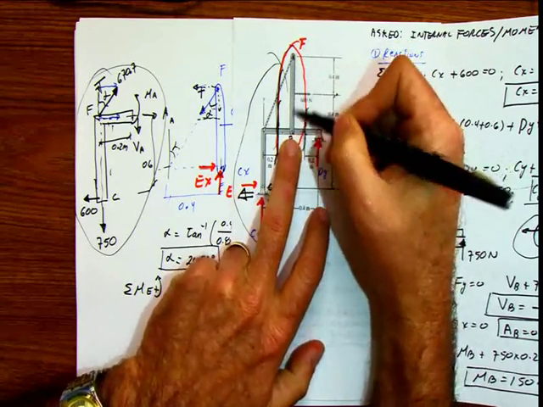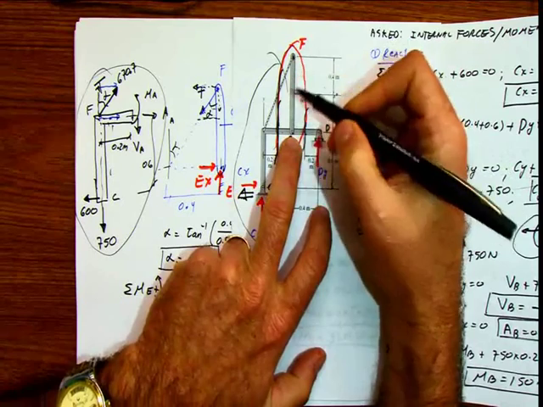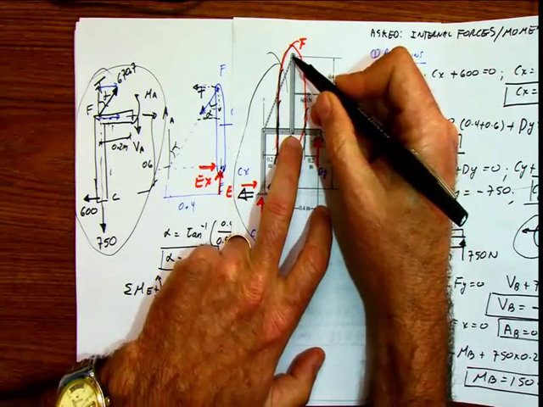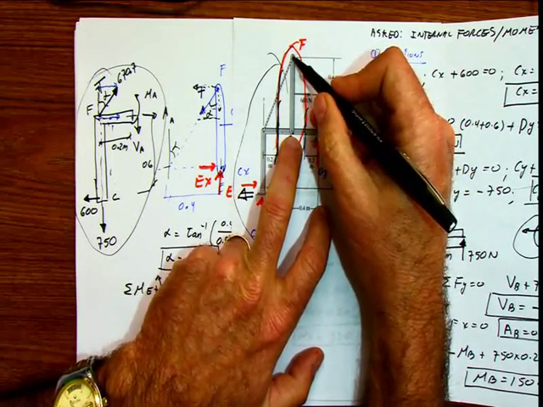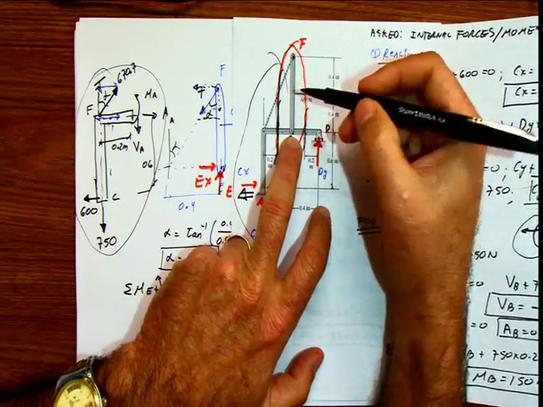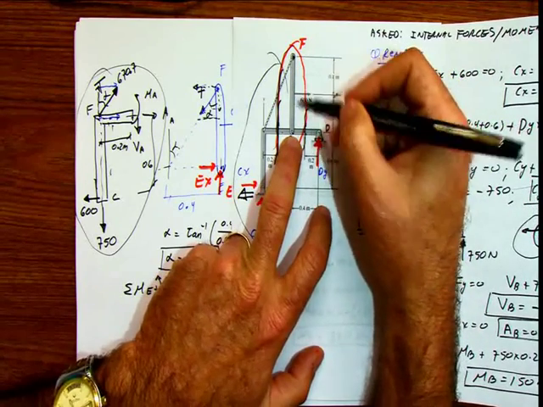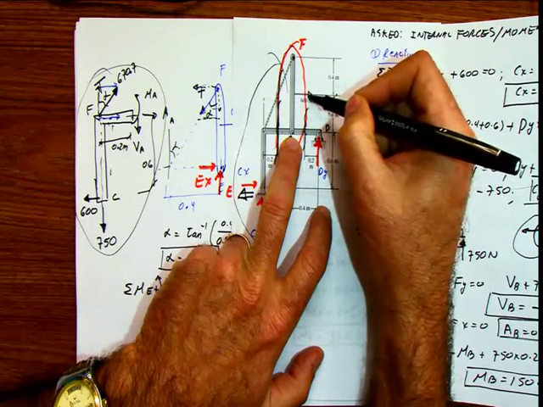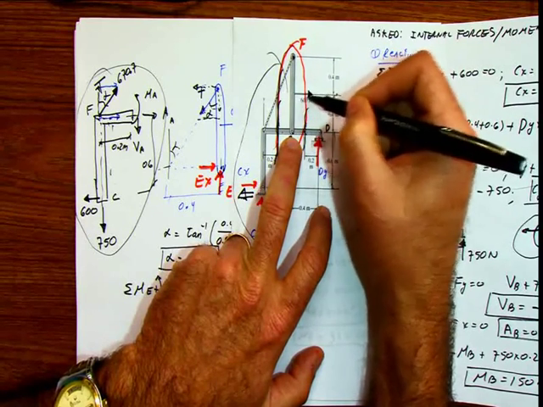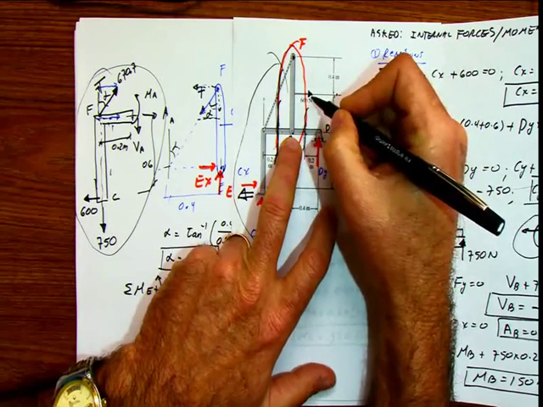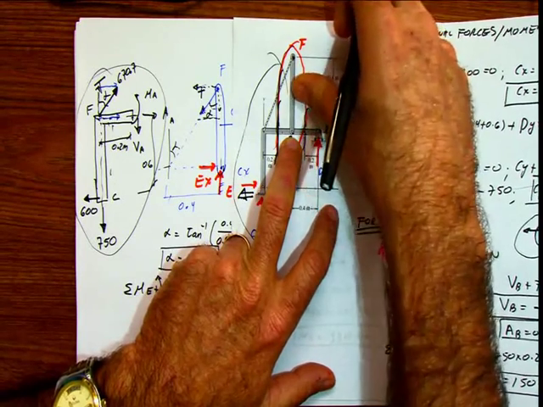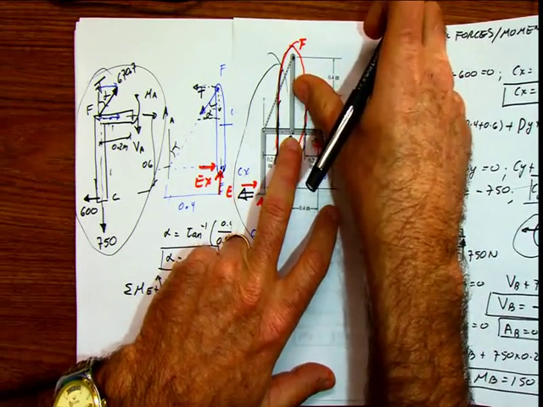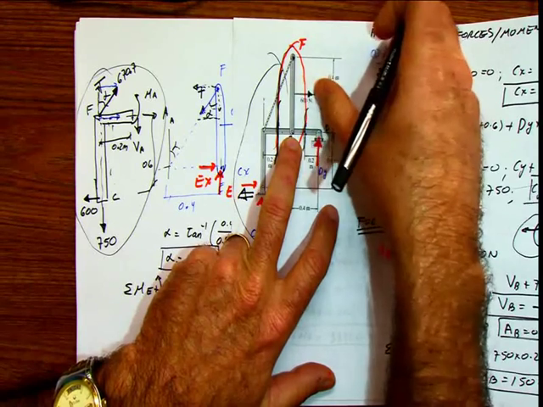If you have an element that is only a pin, but you have forces at the ends, that works like a rigid link, or like a truss element. Well, in this case it doesn't work like a truss element because you have this force in the middle of the structure. If you didn't have this one here, it would be a rigid link, or a truss member, but you have this force here.